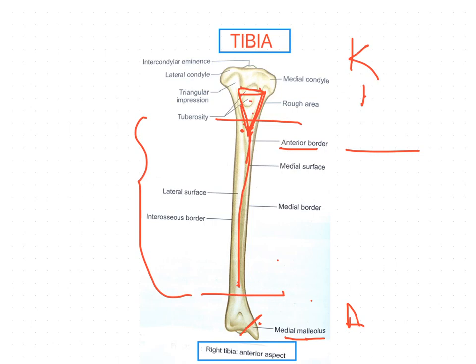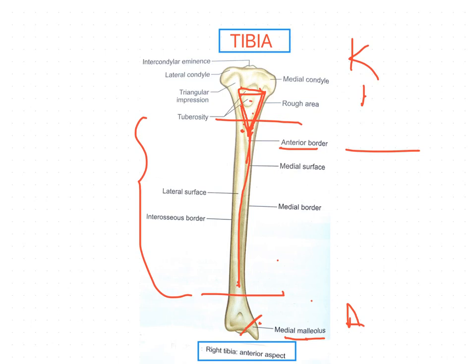So first hold the bone and see the anterior border first, and also check for upper and lower ends. Place the upper end, which is larger, on top and the lower end below, and check for the anterior border, which is very prominent on the anterior aspect, and also you will find the tuberosity on the anterior aspect.